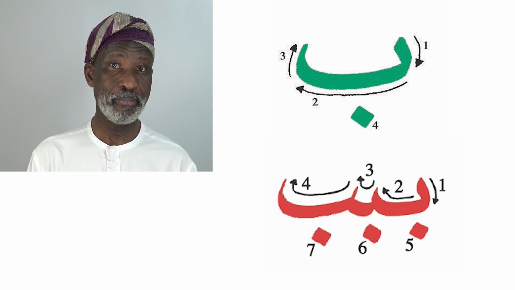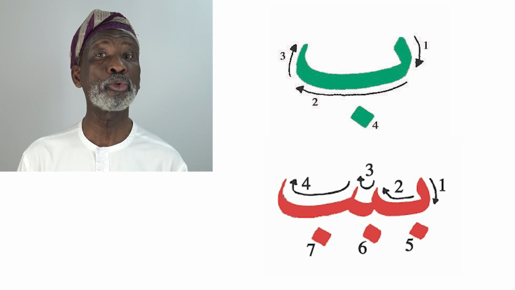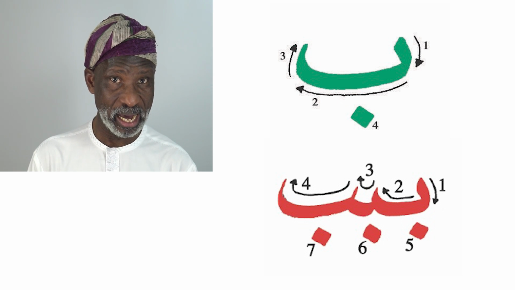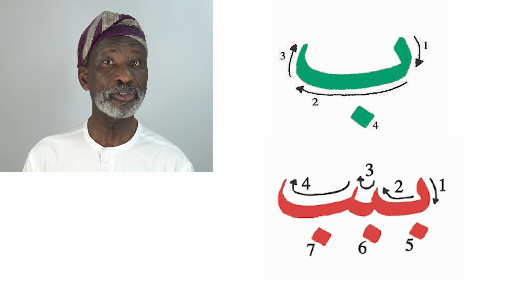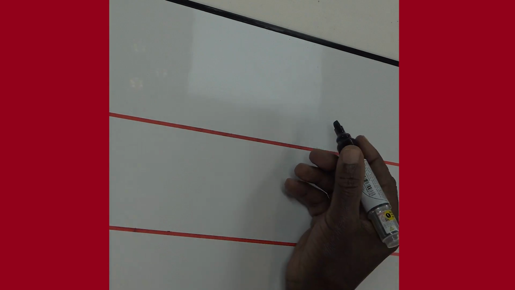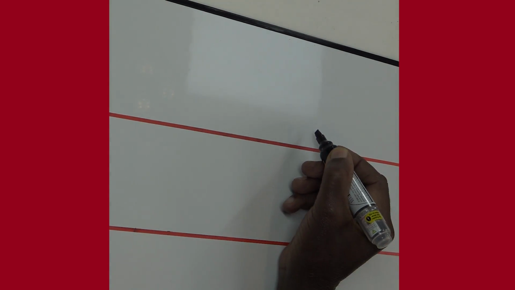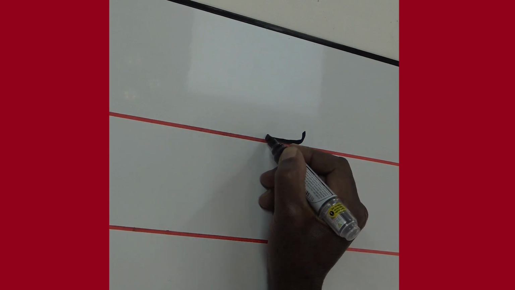Actually, look at me, look at my hands as I'm demonstrating this for you, how to write letter ba in isolated form as well as the joined form. Here we are. Writing letter ba in its isolated form, from right to left across the page.